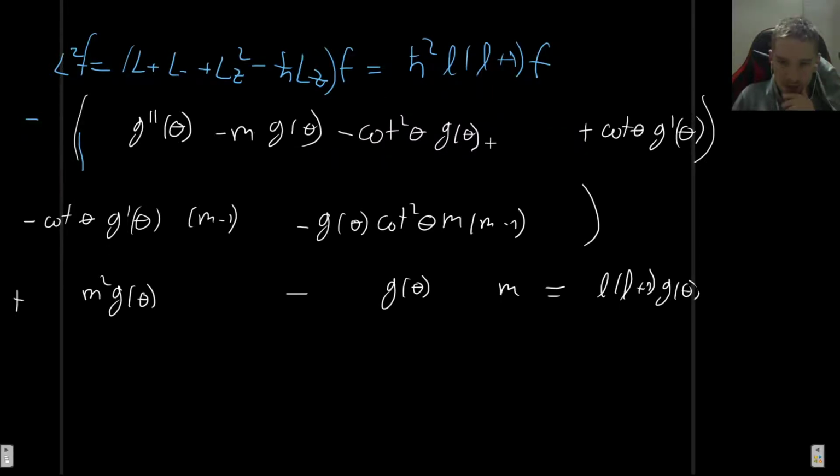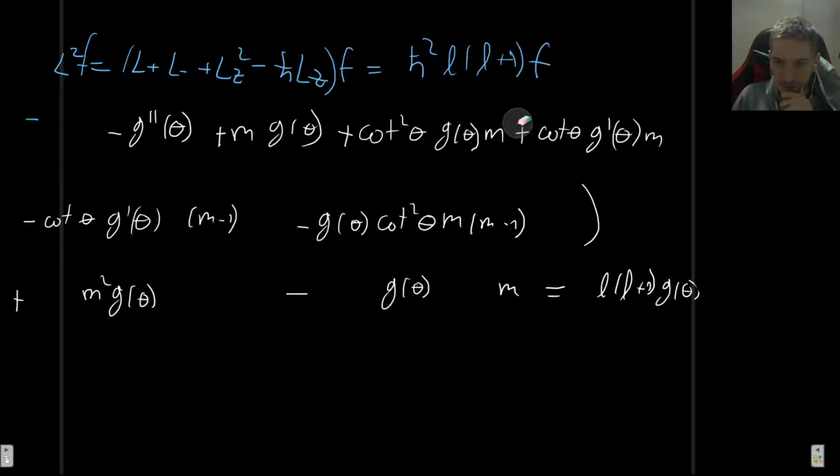M is just a number, so you can write it whatever you like. And this final part here times m. And we also have this minus sign out here. So let's flip all of the signs. So this is negative, this is positive, this is now positive, this is now negative, this is now positive, and this is now positive. So we can get rid of this and of this.